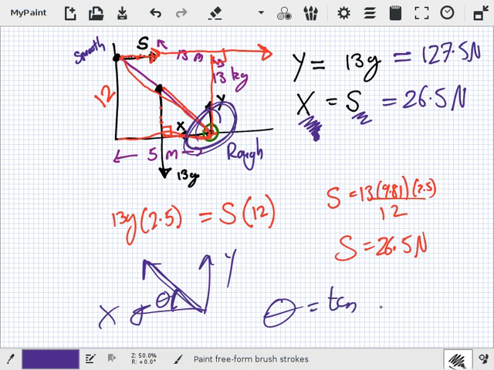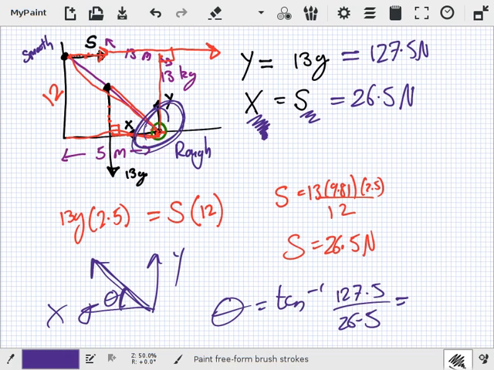And what's the y? Yeah, 127.5, and the x is 26.5. And now I'm finished. I have my angle that the force is at, which is what I asked you for. .25 degrees is what angle this reaction force is at with the x and the y.